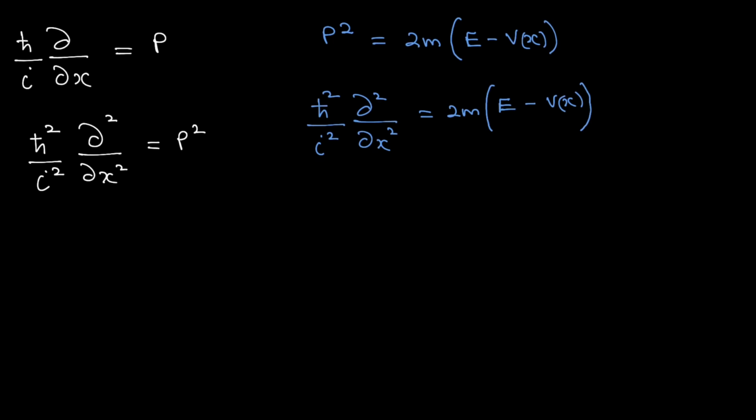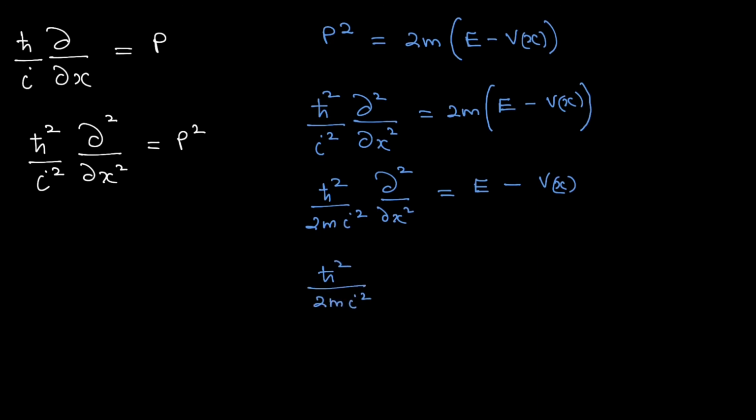Now I need to divide both sides by 2m, so I get ħ squared over 2m i squared, partial derivative squared with respect to x squared, equals E − V(x). If I add V(x) to both sides, I'm making E the subject, so you get ħ squared over 2m i squared, second-order partial derivative with respect to x squared, plus V(x) equals E.